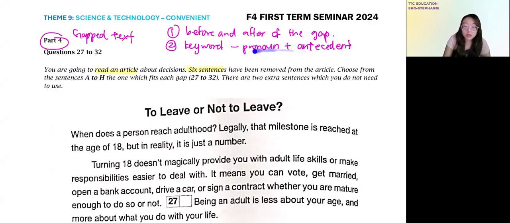Okay, if it's not pronoun or antecedent, you can also find similar words. Then you will be able to know how relatable the sentence is to the before or the after sentence. Okay, because it is impossible that the sentence that has been extracted out has totally no relation with your gap text.